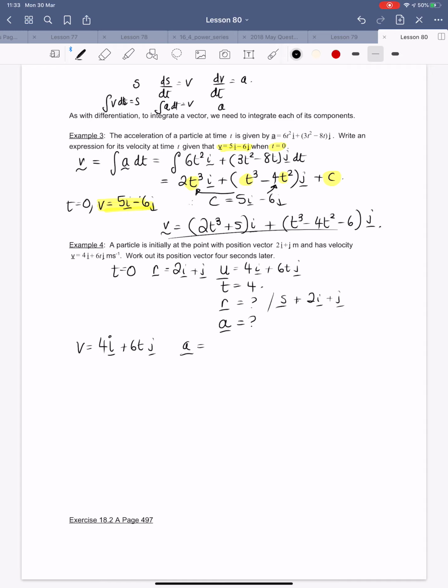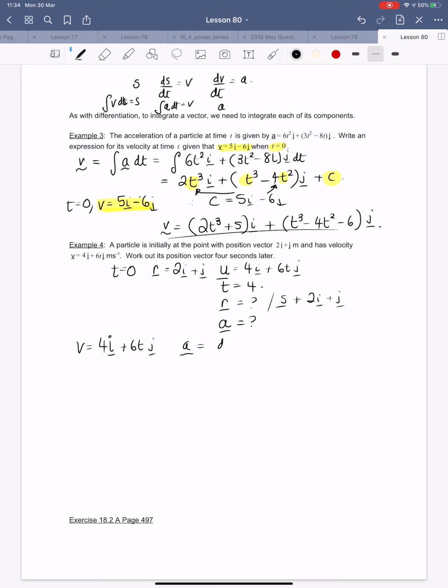t equals 0, r equals 2i plus j, velocity 4i plus 6tj, t is 4. I might be doing it a different way from in the book, but never mind. So I'm just going to carry on.